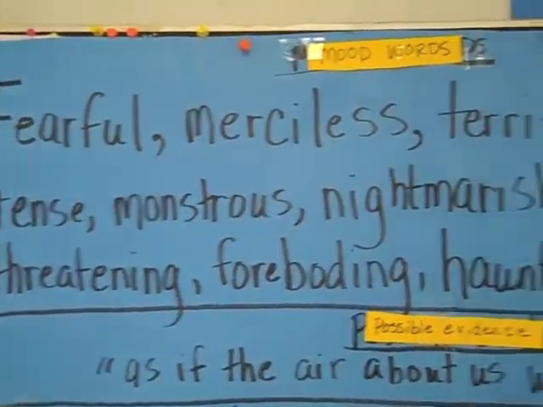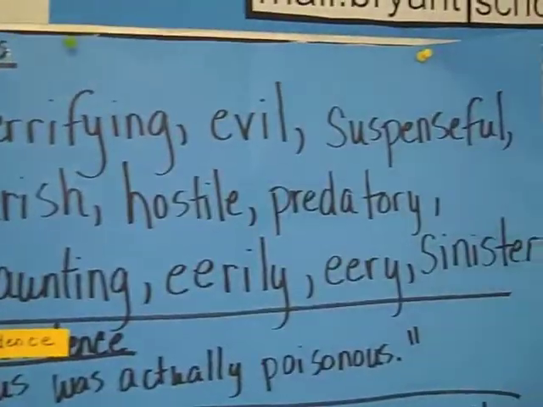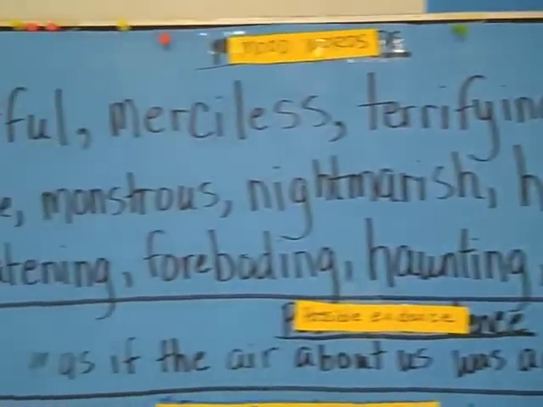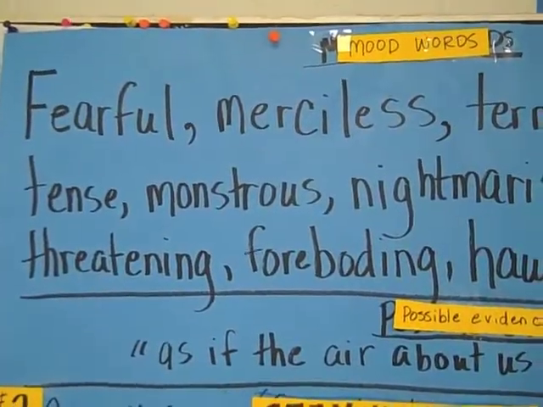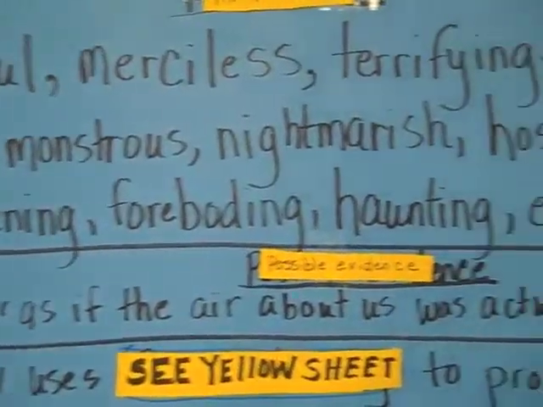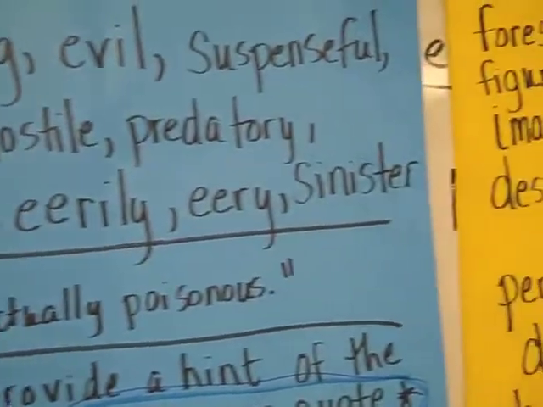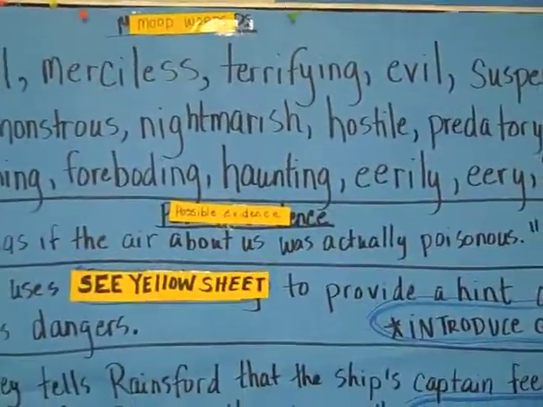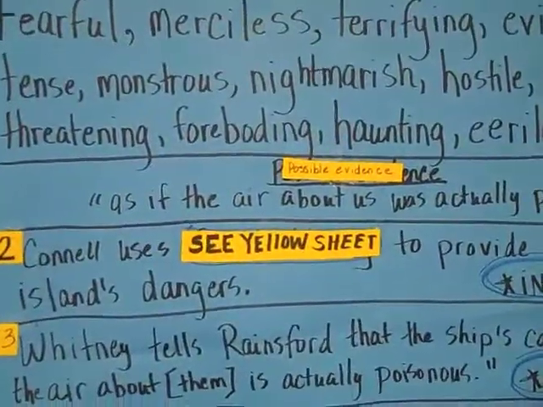Here they are: fearful, merciless, terrifying, evil, suspenseful, tense, monstrous, nightmarish, hostile, predatory, threatening, foreboding, haunting, eerie, and sinister. So this is the feeling that you got when you read this book.